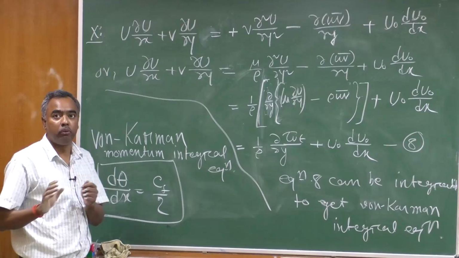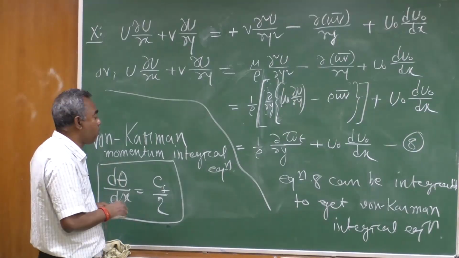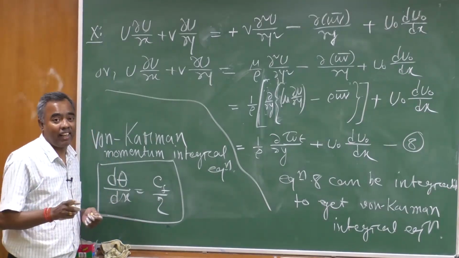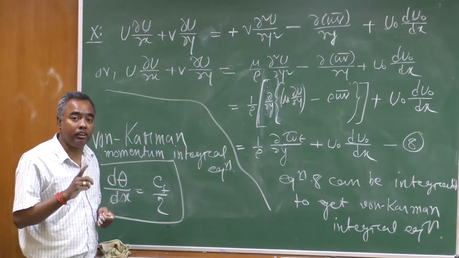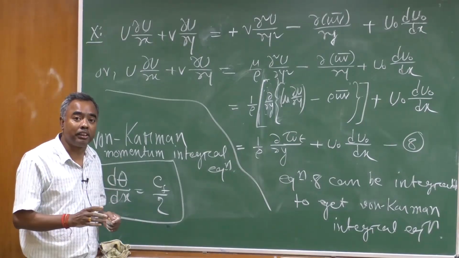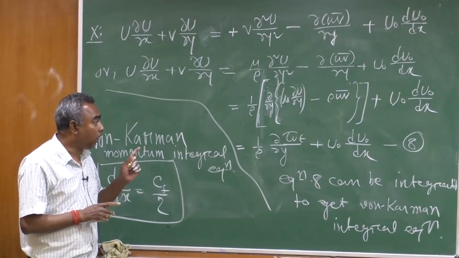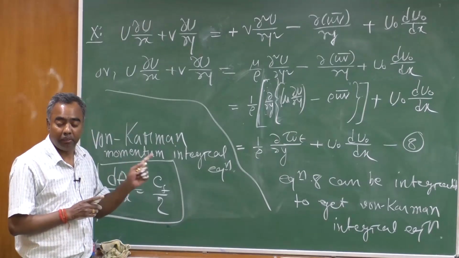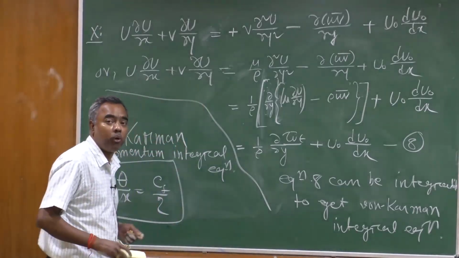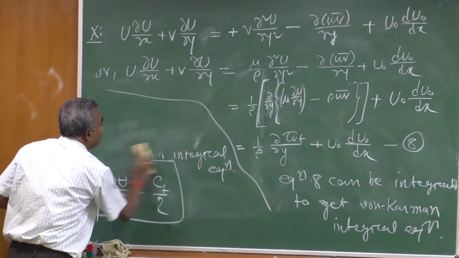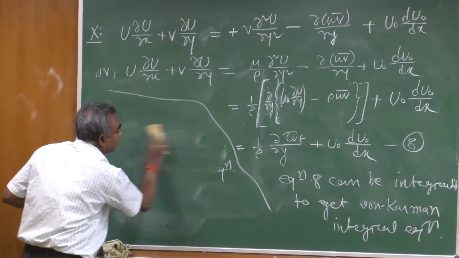Okay. I am not going to go into details of that. And in fact, the turbulent kinetic energy budget is also something similar for the case of the turbulent boundary layer. Okay. I just wanted to quickly write the turbulent kinetic energy equation. I would like to stop here because I do not have much time to discuss further.